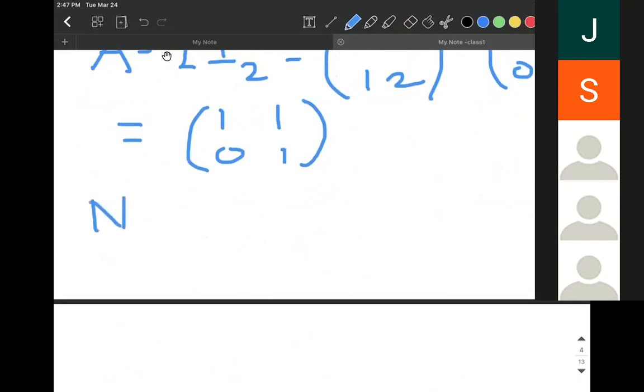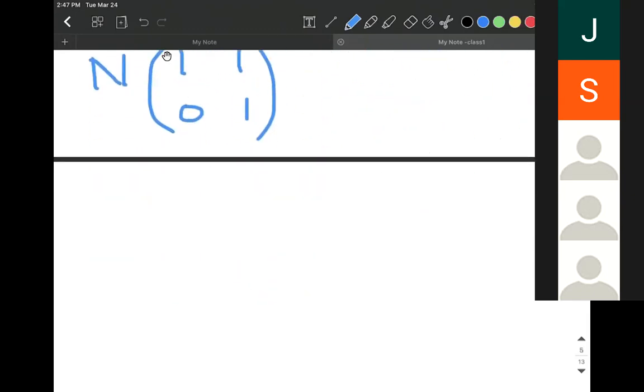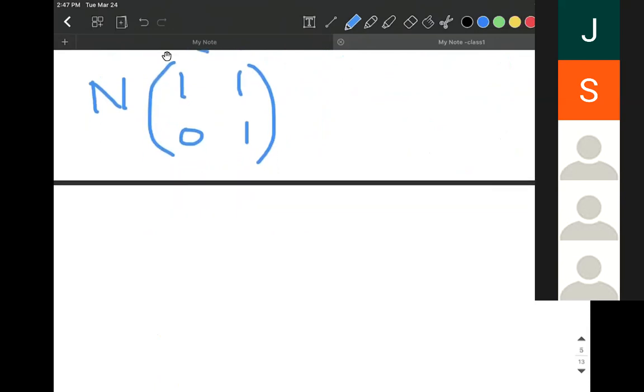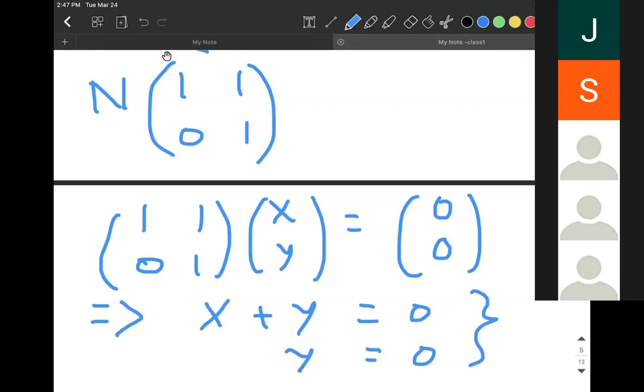Multiplying by x and y gives 0, 0. So x plus y equals 0 and y equals 0, right? So this is what it means.